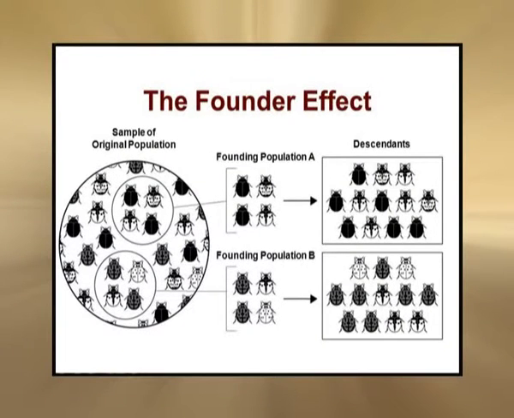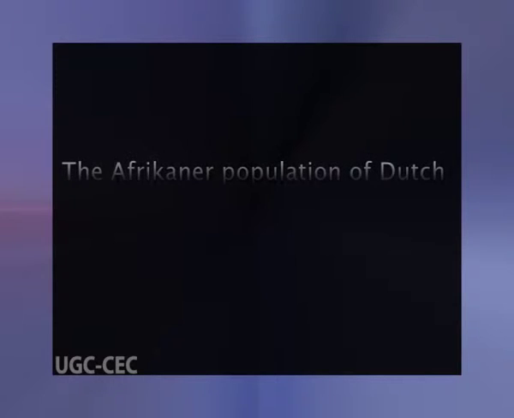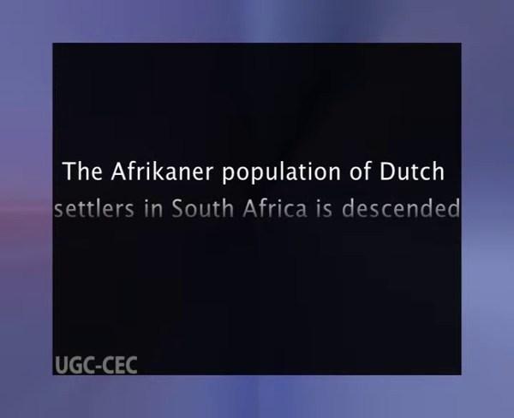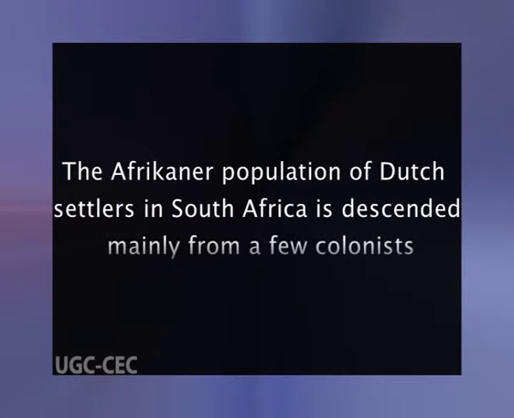Another scenario in which populations might experience a strong influence of genetic drift is if some portion of the population leaves to start a new population in a new location, or if a population gets divided by a physical barrier of some kind. For example, the Afrikaner population of Dutch settlers in South Africa is descended mainly from a few colonists.